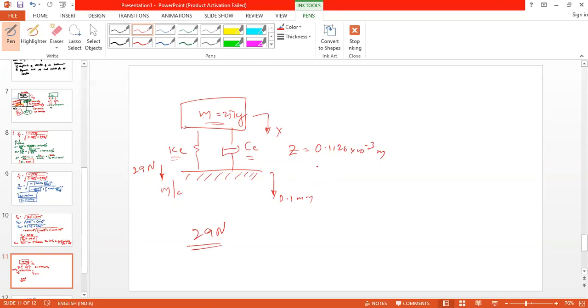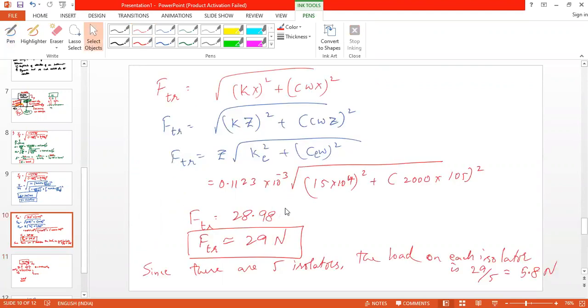Any doubt? Sir, to find the load only on isolators, we'll use Z, sir. Like FTR is equal to square root of K. To find load on isolators, we'll use that Z instead of X, no, sir.